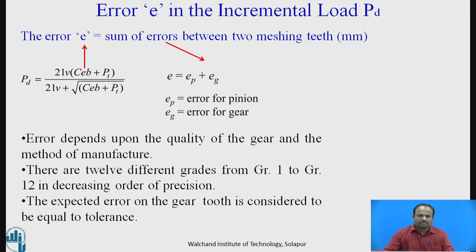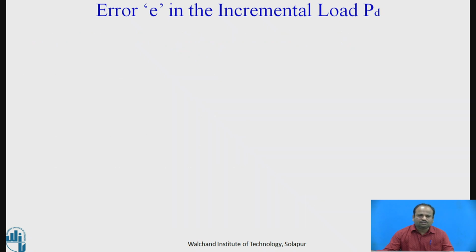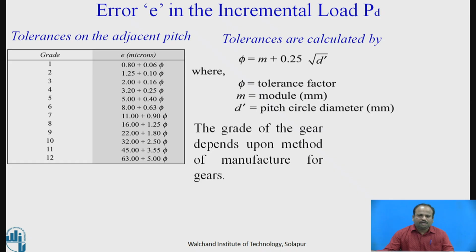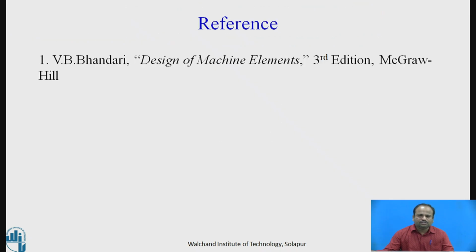The expected error of the gear is considered to be equal to tolerance. So this is the error table, and how to calculate the tolerance value. The formula is given over here, and the grade of the gear depends upon the method of manufacture of gears. So this is the reference.